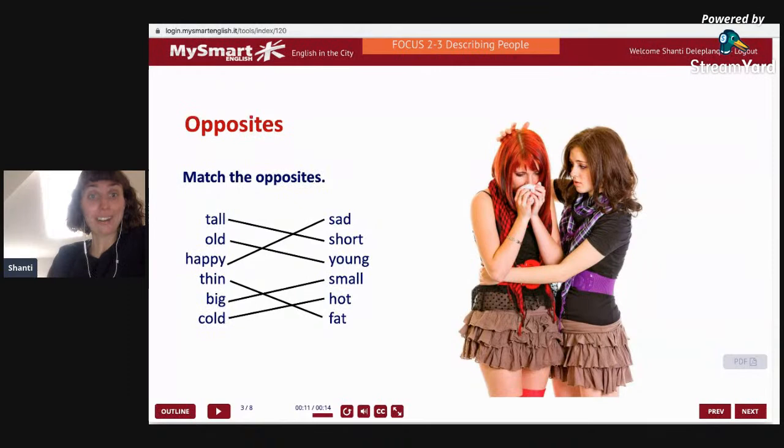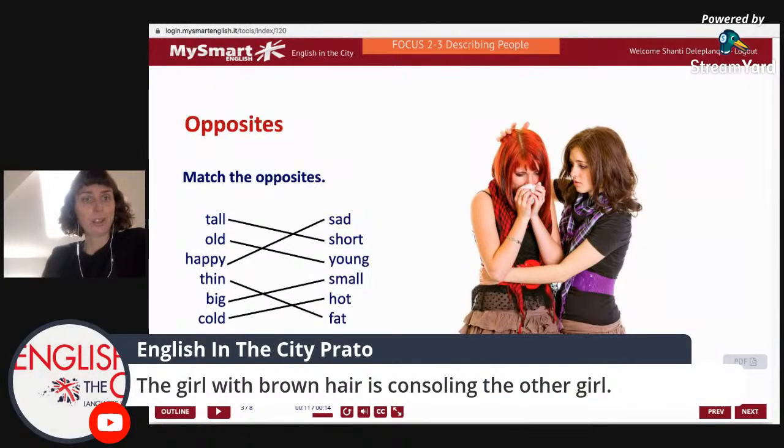Yeah, the girl with red hair is sad. The girl with brown hair, I don't know if she is also sad or if she is consoling. You understand? The girl with brown hair is consoling the other girl.